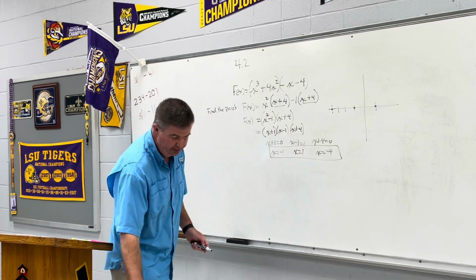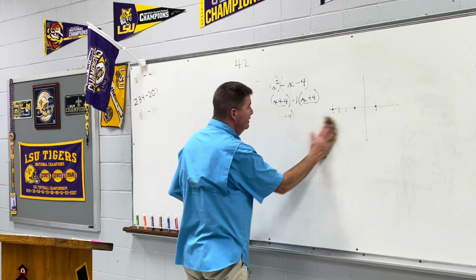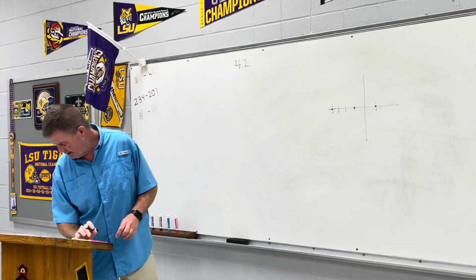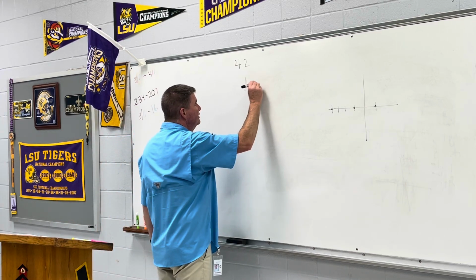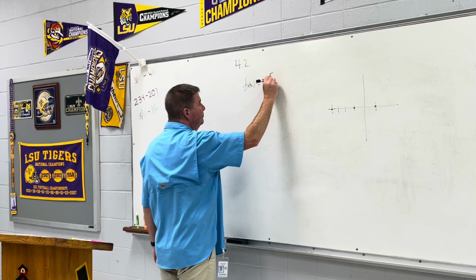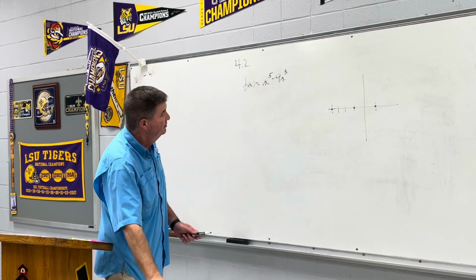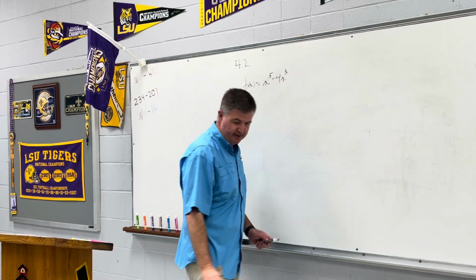Okay, another example where we're trying to find the zeros: f of x is equal to x to the 5th minus 9x to the 3rd. Again, we're trying to find the zeros.